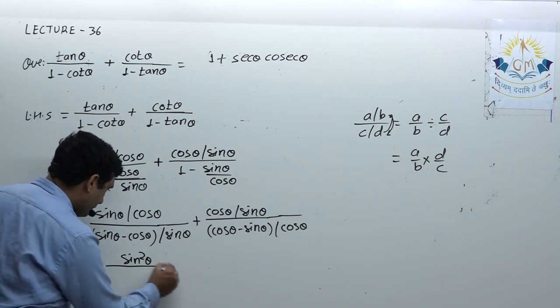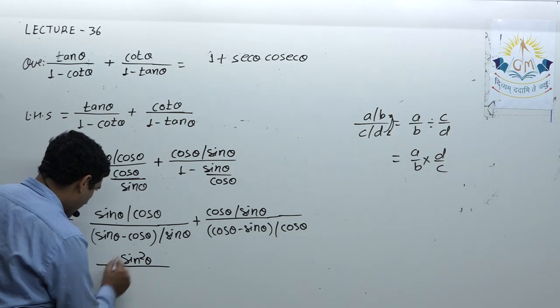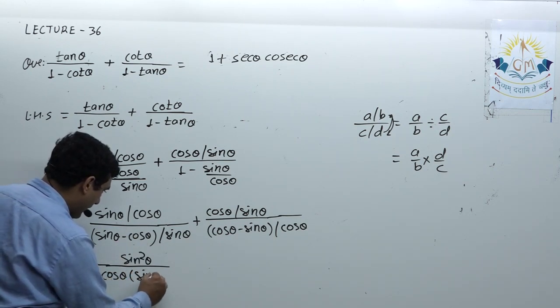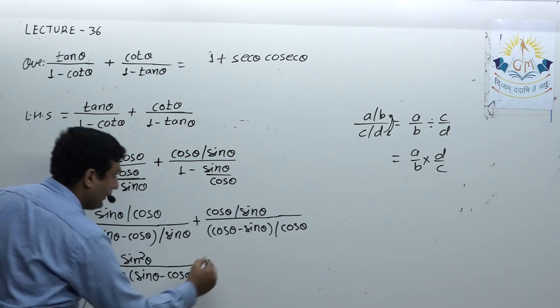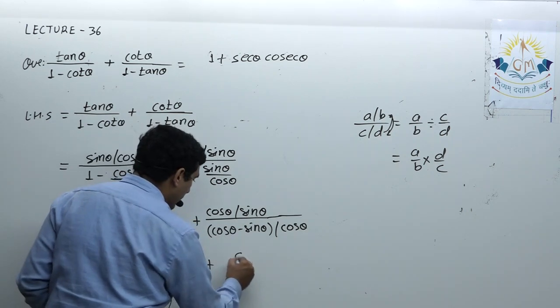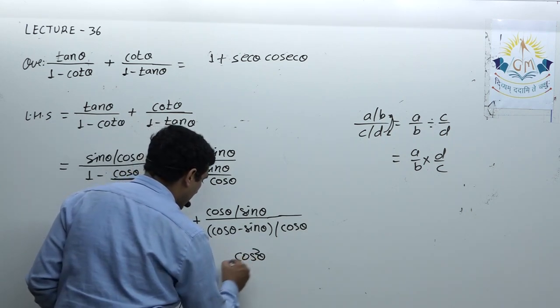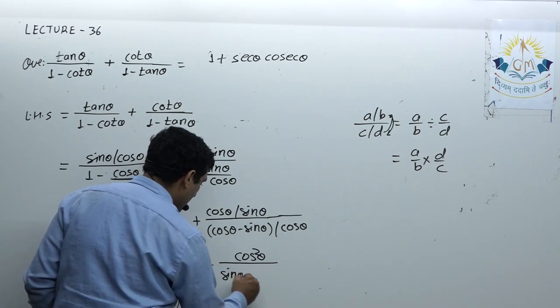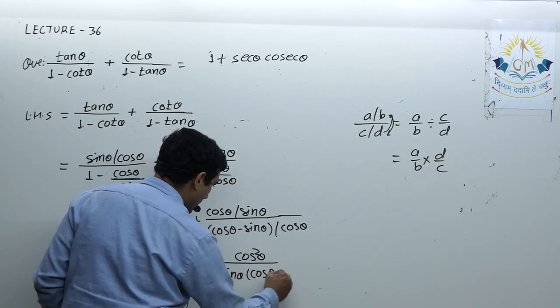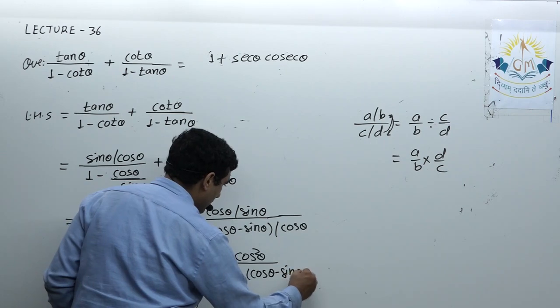So when I do this, I get sin squared theta upon cos theta multiplied by sin theta minus cos theta, plus, over here I get cos squared theta upon sin theta into cos theta minus sin theta.